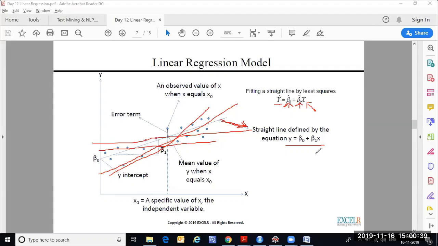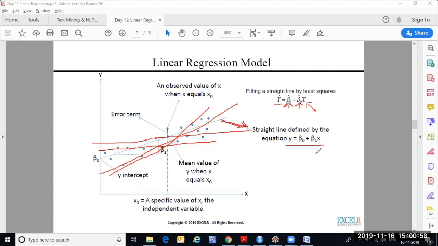To know how far our predicted values are from the actual. Okay. So our objective is to understand how far our predicted values are from the actuals.